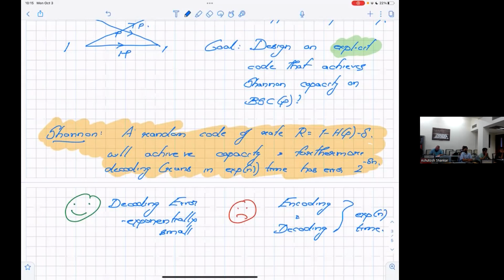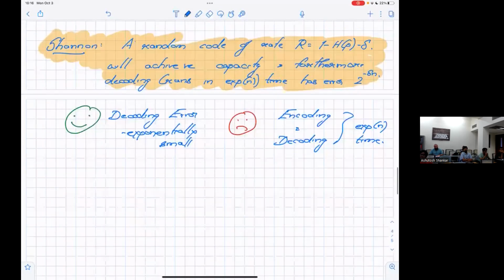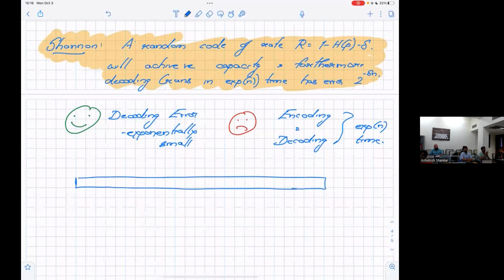So let's try to redeem this. The first thing I want to do is redeem this aspect of it. I want to get codes whose encoding and decoding times are polynomial. Now notice that already in Shannon, we could have done something. If you recall, Shannon's code was this: he took n bit long messages, and he constructed a random code on this length.